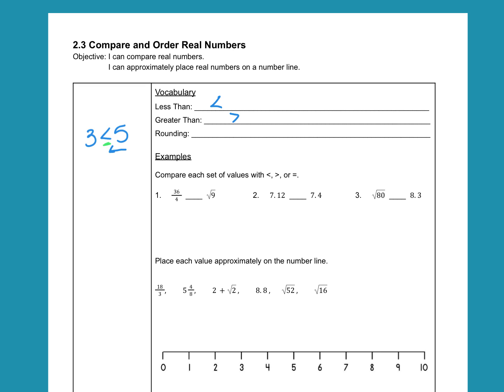Okay, and then rounding. I'm not sure we'll have to do much rounding on this one, but rounding in general, we've had some struggles with. So 5 or more, we round up. And if it's 4 or less, it stays the same.